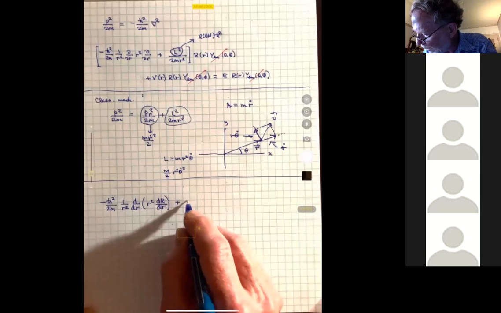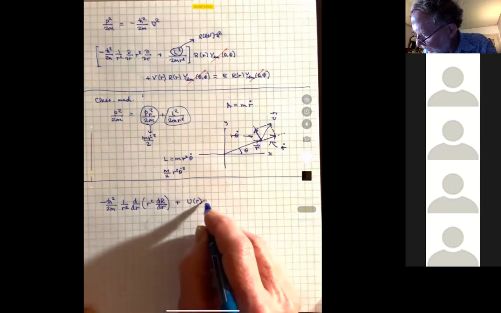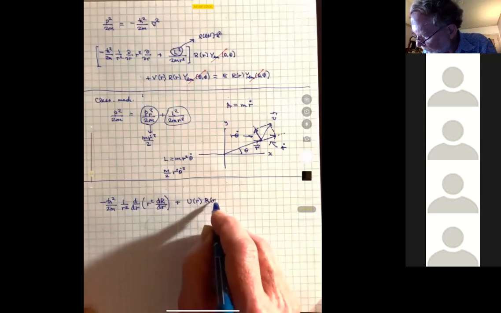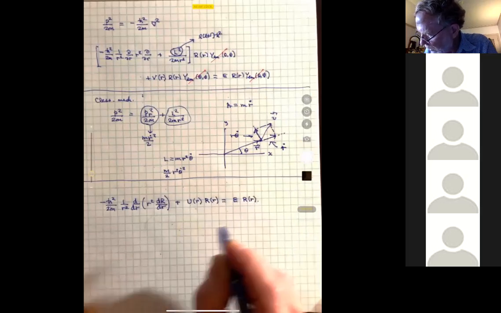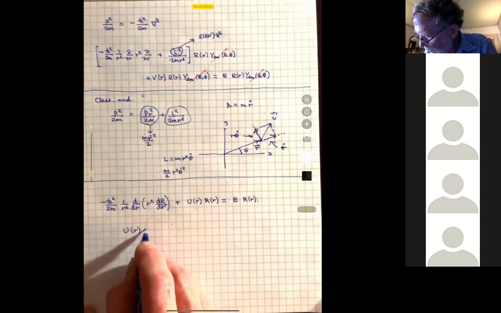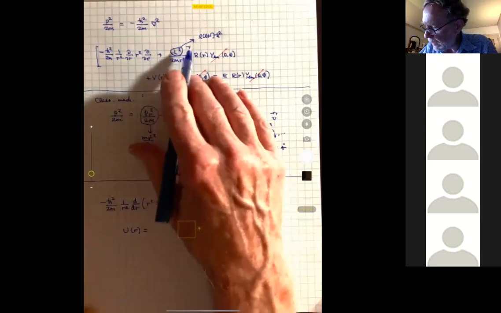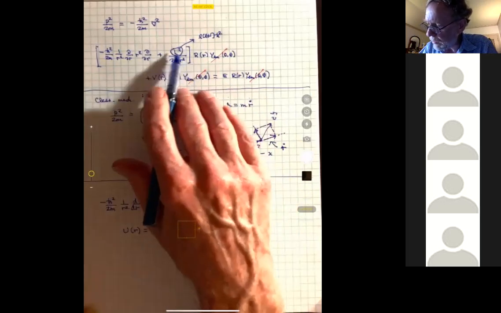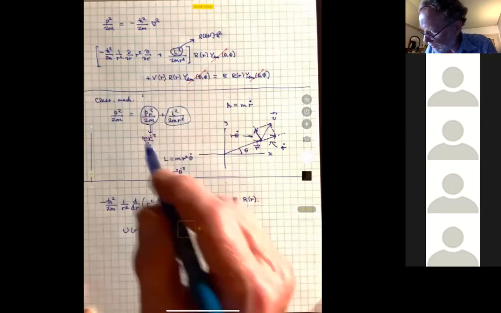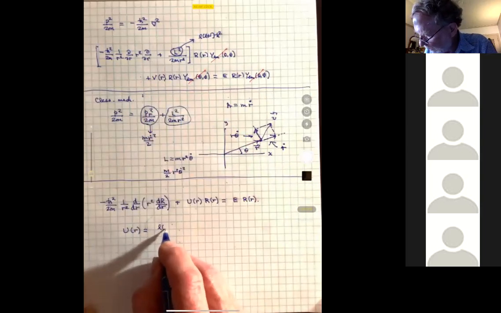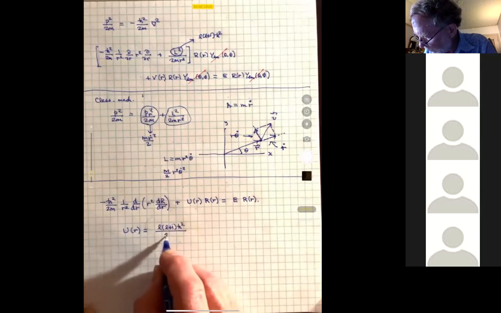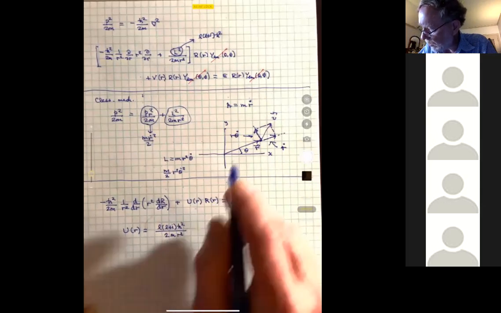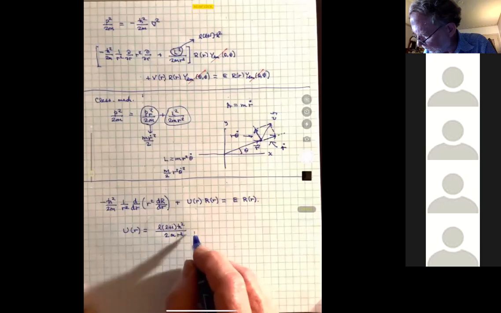Let me write it this way, plus U of r times R of r is equal to the total energy times R of r, where U of r is the sum of the centrifugal potential, of this L squared term, which turns out to be the centrifugal potential, l times l plus 1, I haven't mentioned that yet, but that's what it is, over 2m r squared, plus the second term coming from the total potential, V, like this.